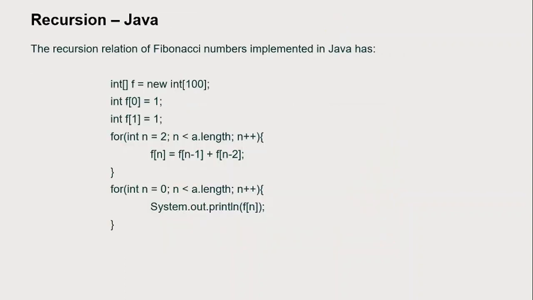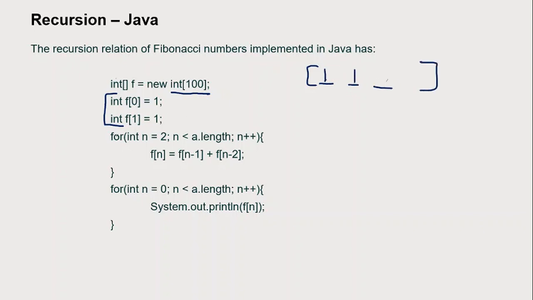Recursion in Java, well, looking at the Fibonacci numbers here, what we can do to implement them into a Java program is to actually initiate an array again, in which we are going to plug in 100 Fibonacci numbers. We initiate F0 and F1, so immediately we say what is in the first 2 positions inside of the array.